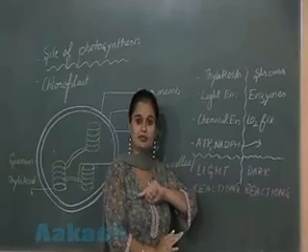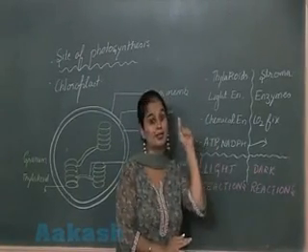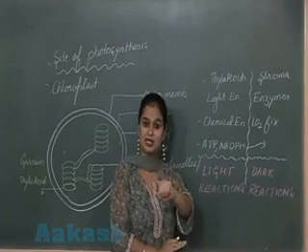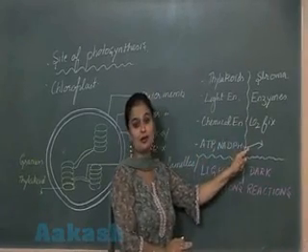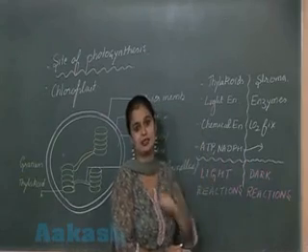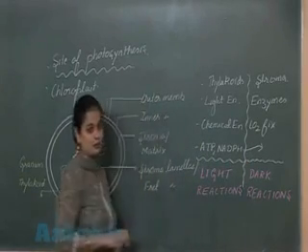And you should not think that these reactions do not require light. Yes, some of the enzymes, as you will study, involved in these reactions are light dependent. So this is about the site of photosynthesis.